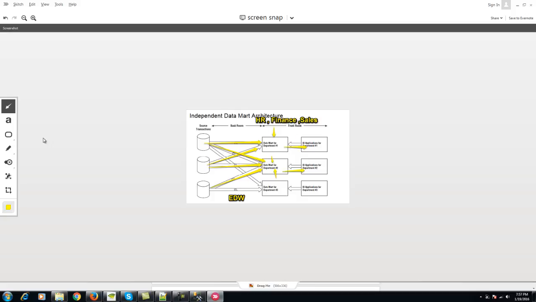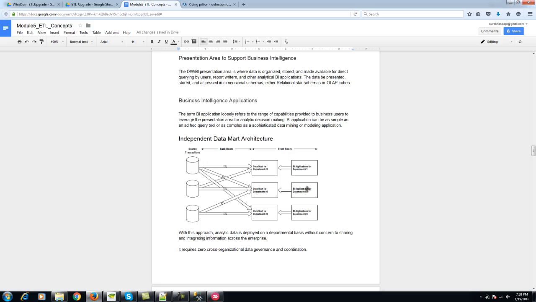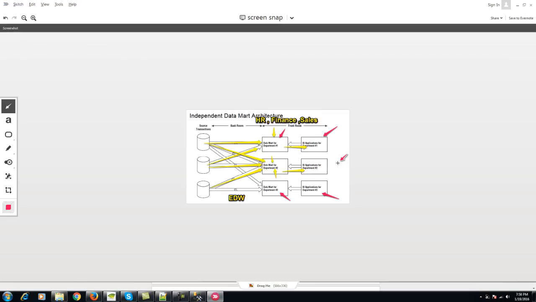But these two, which I'm highlighting now, are more like a limited or partial view of the data across the enterprise, and that is where the data mart type of architecture comes in. Your users on these two types of reporting applications would be a limited set of users. So what is the drawback of this? The drawback is you would not have a complete view of data across the organization.